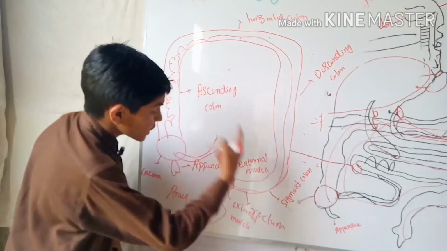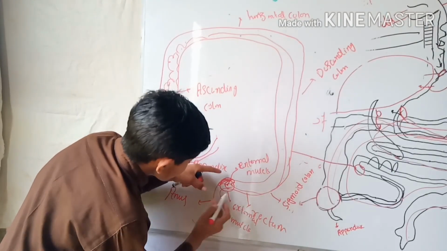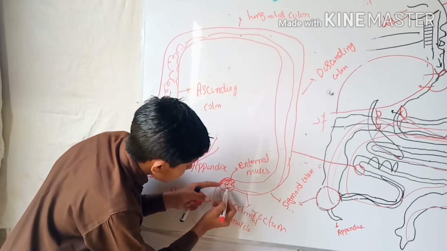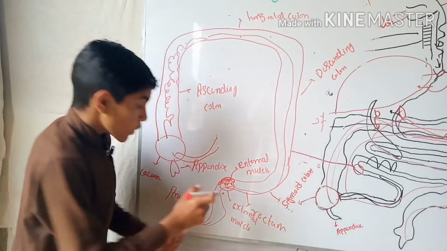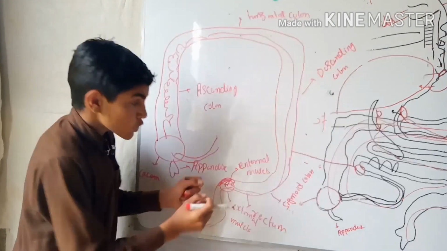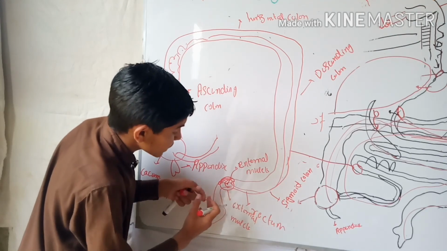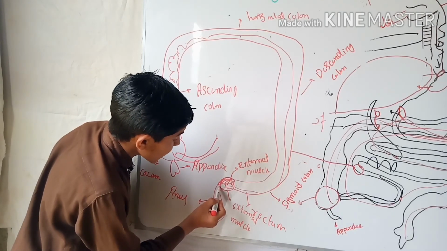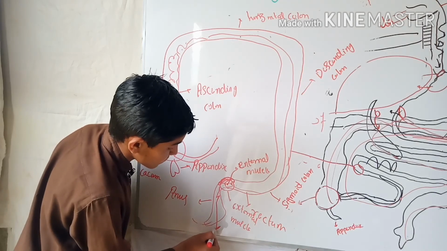When there is the information of discharging, it gives the information to the internal muscle to relax and open. So when the internal muscle relaxes and opens, the external muscle also relaxes and opens. So the discharging of food is done through the anus.